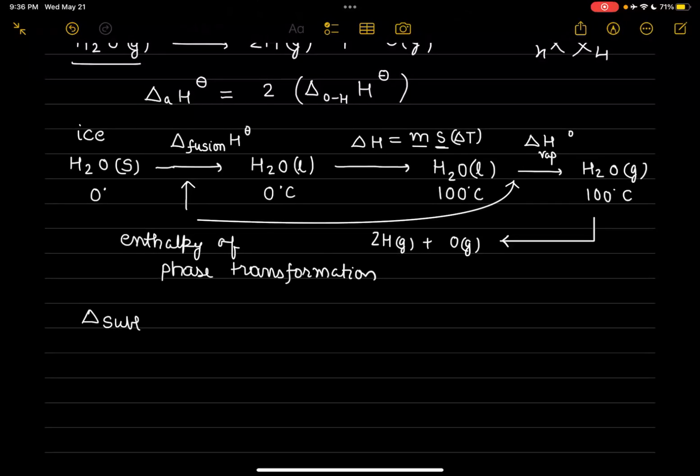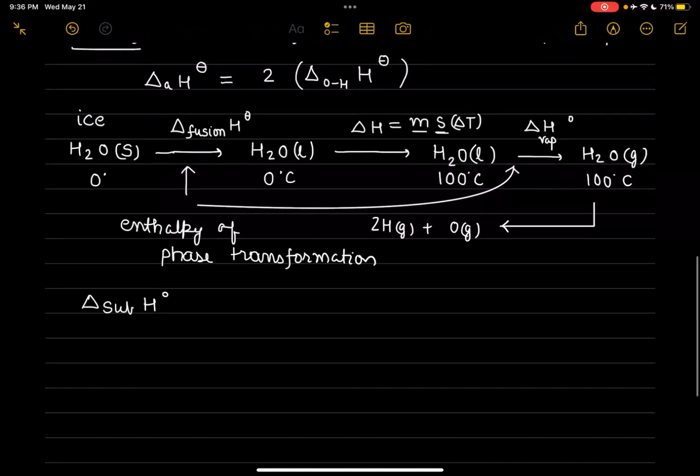Enthalpy of sublimation, what do you mean by sublimation? Ice turning into gas, the solid changing directly into gas. So it is the heat required, the enthalpy change for sublimation of 1 mole of solid under standard conditions.